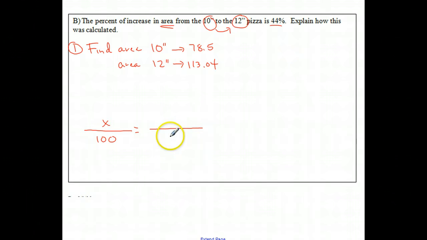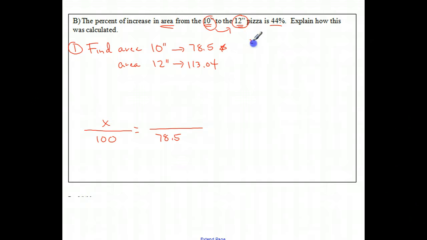The original area depends on the way that these are listed above. It says to go from the 10 to the 12, so we know from the way that's stated that 78.5 is going to be your original area. The amount that the area changed, I haven't found that out.